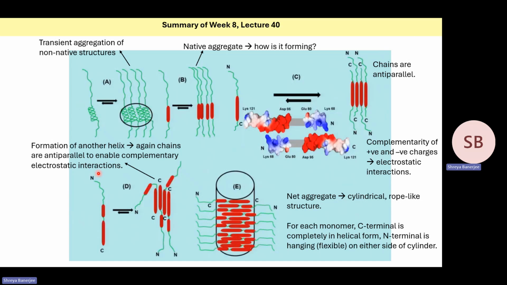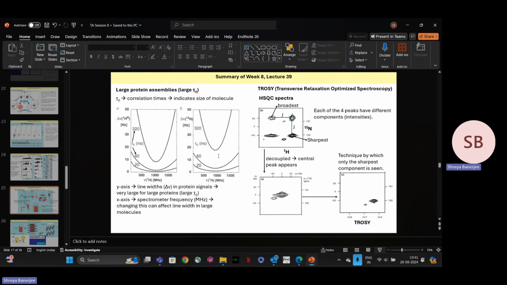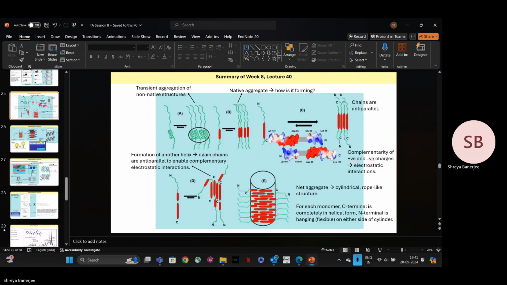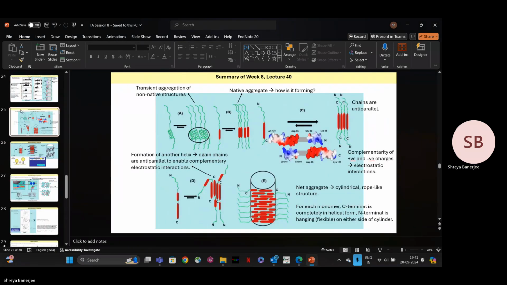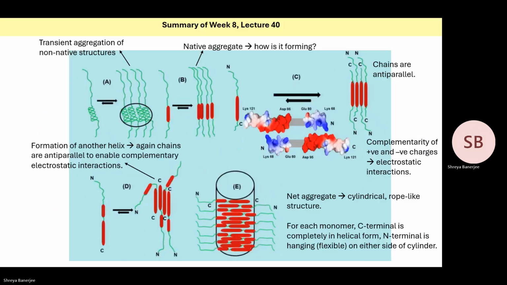So you can again see here, you can have the non-native structures which are transiently aggregating, and then you have the native aggregate that is forming. How this kind of aggregation happens is that there can be electrostatic interactions.